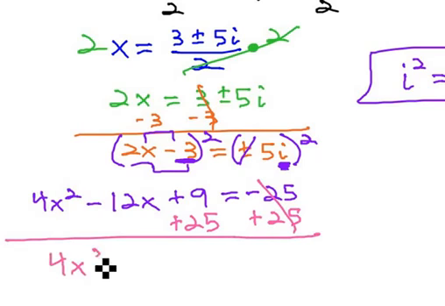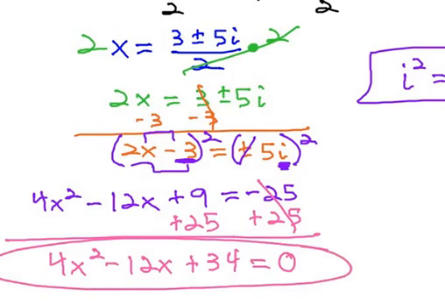This gives us 4x squared minus 12x plus 34 equals 0. We found that equation by making our solutions equal to x as a shorthand, clearing the fraction and isolating the plus or minus, squaring both sides, and making it equal to 0.